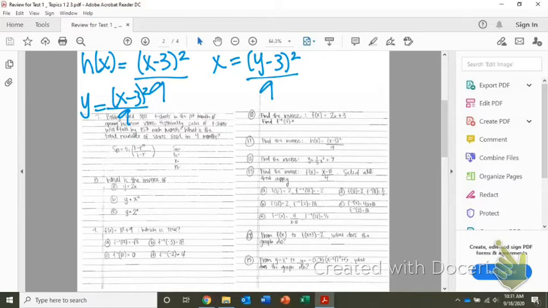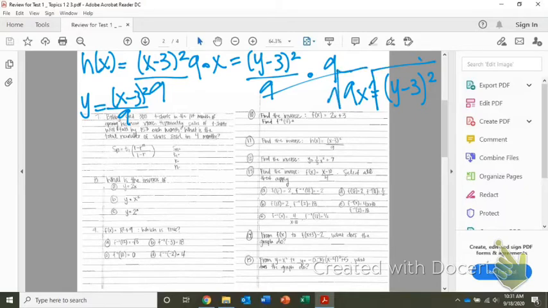Now we have to solve for y. So first, I'm going to multiply by the number 9 on both sides. And I am left with 9x equals y minus 3 squared. Okay? So, to get rid of the square I'm going to take the square root of both sides. These cancel, and I'm simply left with the square root of 9x equals y minus 3.